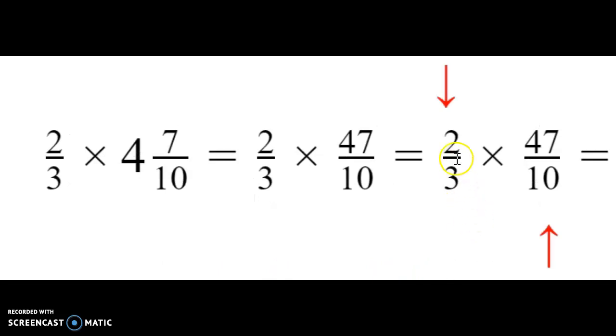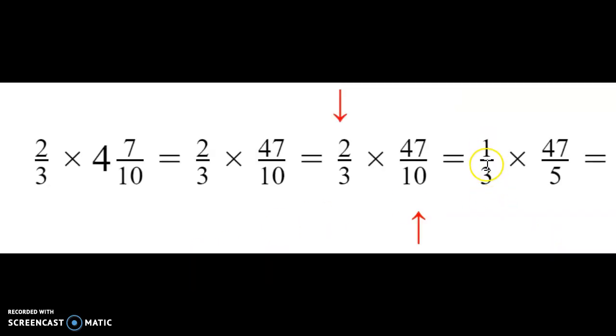We see now that we have 2/3 and 47/10 that we can cross cancel the 2 and the 10. 2 goes into 2 one time and 2 goes into 10 5 times. Let's take a look at what that looks like.